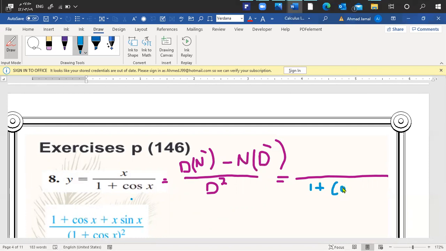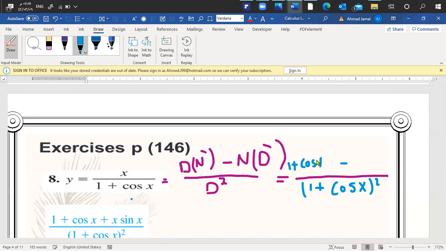I will write the denominator as it is, but with power of 2. And I will go up and write negative. And I will write again the denominator.